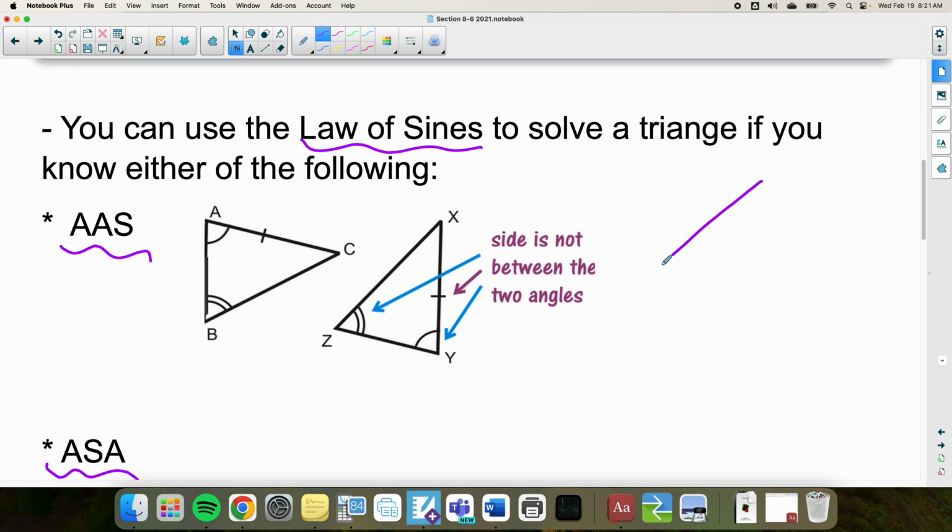So when it says angle, angle, side, do you guys remember that when we did congruent triangles? Like if you did, say that they told us this was 40, this was 60, and this side right here was 15. That's 2 angles in a row and then a side. So that's angle, angle, side, and that is a time that we can use law of sines, okay?